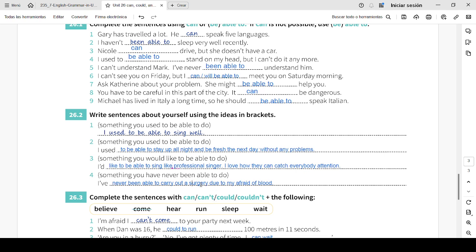So, something you have never been able to do. I've never been able to carry out a surgery due to my fear of blood. That's true. I don't like blood.